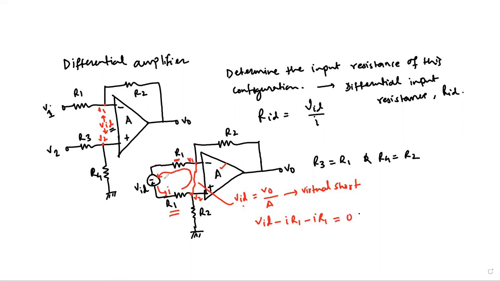We are interested in the current in this loop and the voltage drop in this loop. So VID is equal to I times R1 plus I times R1, which equals I times 2 R1. So VID over I is 2 times R1. That is nothing but your RID, the differential input resistance.